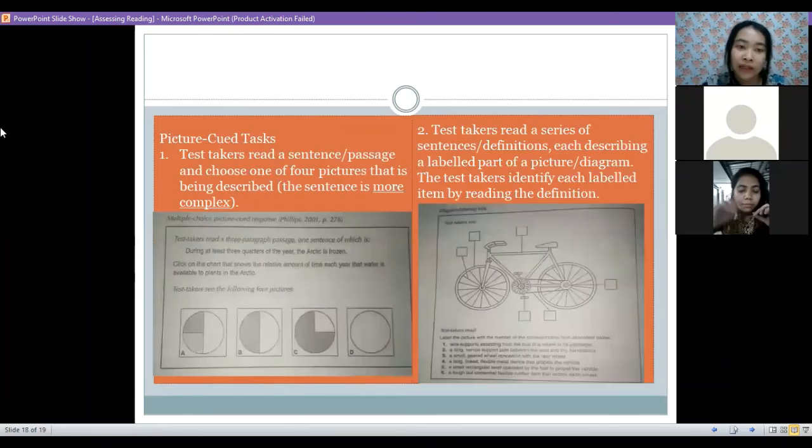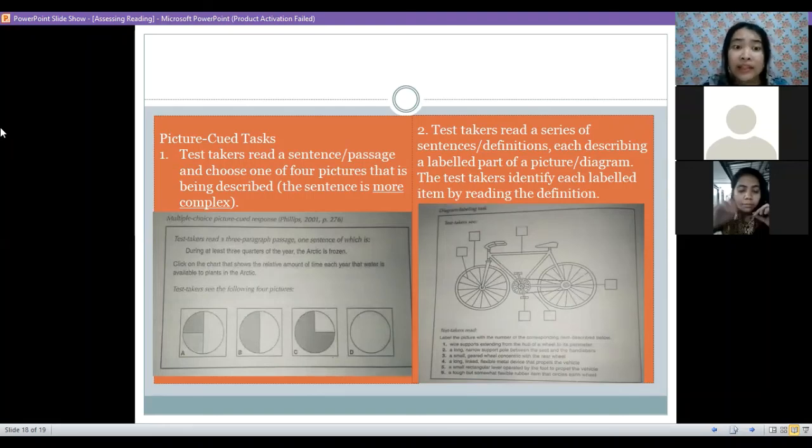Okay, it also has picture cue tasks. There are two methods. The first one is that test takers read a sentence or passage and choose one of 4 pictures that is being described. In this part, the sentence is more complex. As you can see from the picture, multiple choice picture cued response.